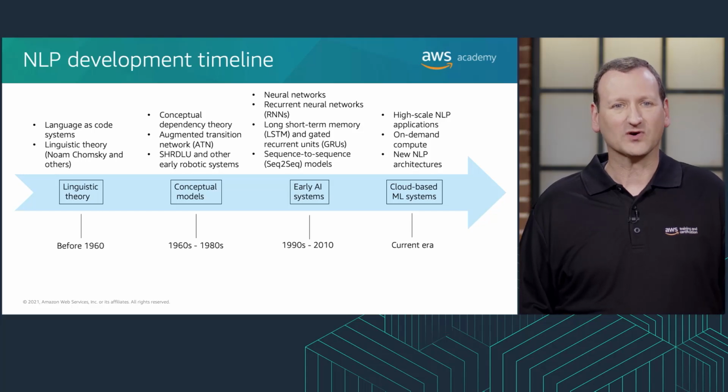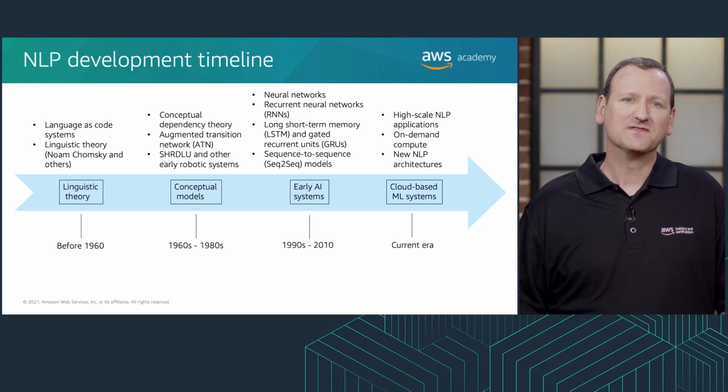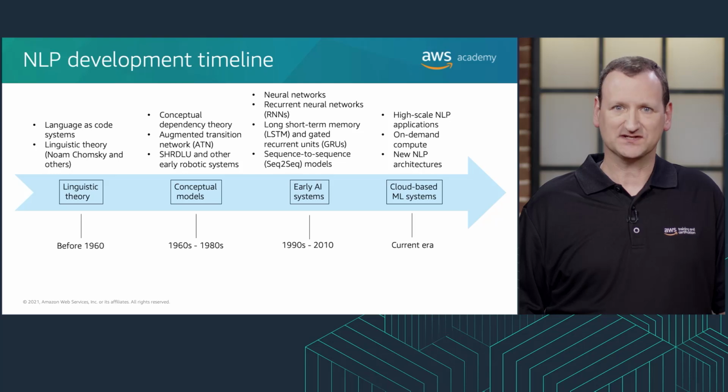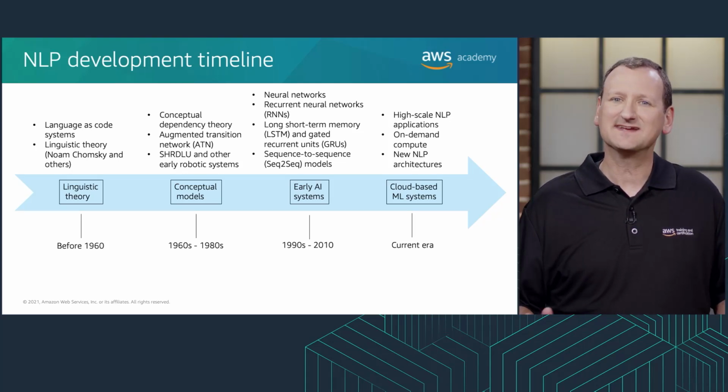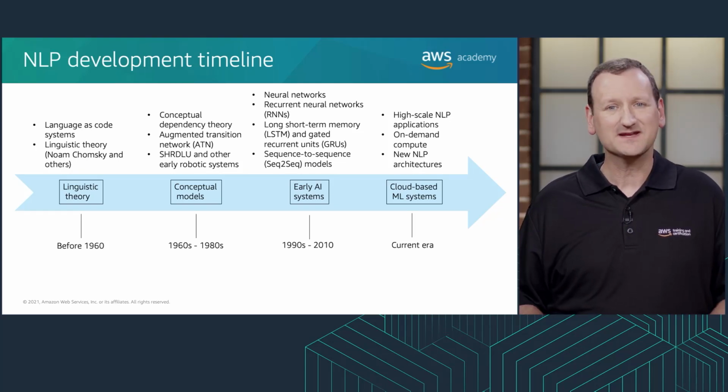These early frameworks were applied to automated translations, early robots, and applications for specific domains. For example, the SHRDLU system was developed by Terry Winograd at MIT in the late 1960s. It could respond to human language commands to manipulate images of wooden blocks.